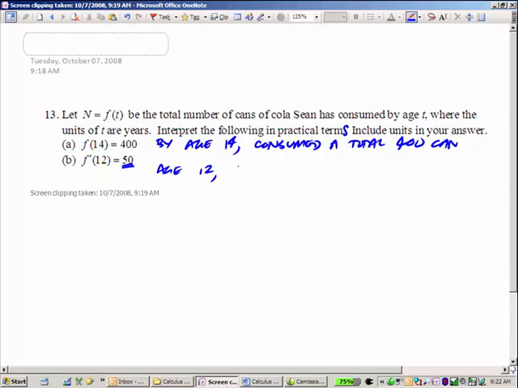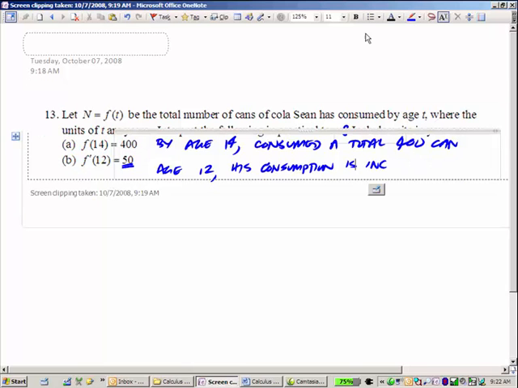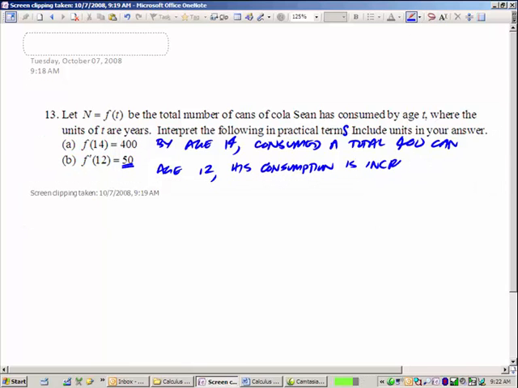At age 12, his consumption is increasing. Do you agree his consumption's increasing? This derivative is what? Slope.